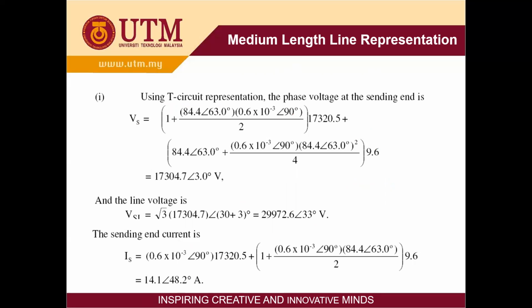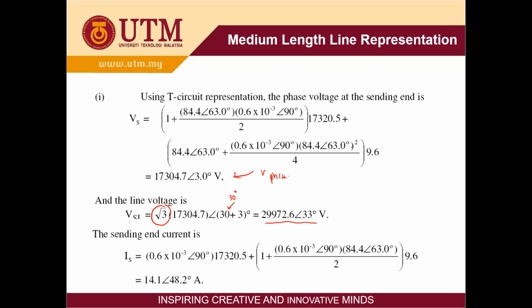And using the T circuit representation, by using the equations of the A, B, C, and D parameters, you will obtain Vs equal to this value. Please be noted that this is V phase. In order to get the V line, what you need to do is multiply by square root 3, and the angle should be at 30 degrees. So we obtain that your V sending end is equal to this value.